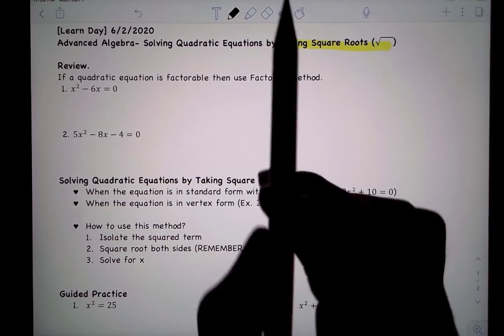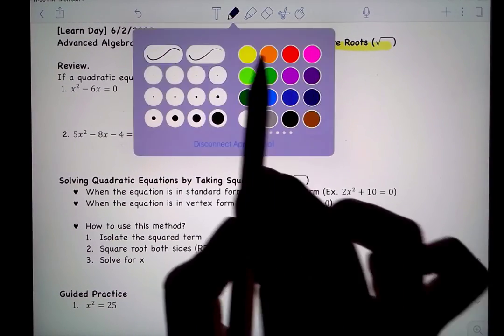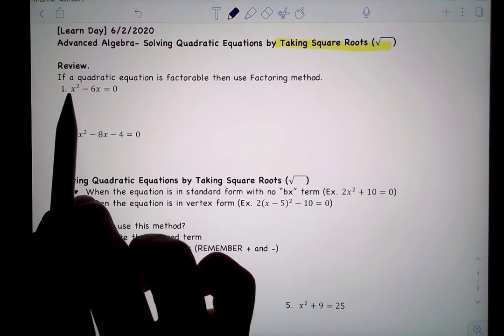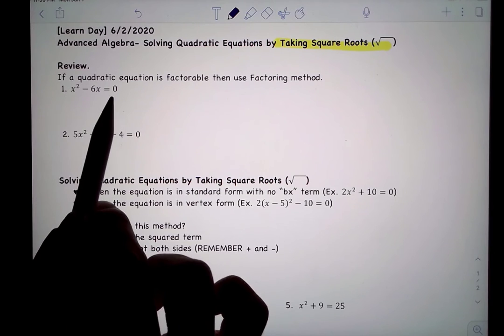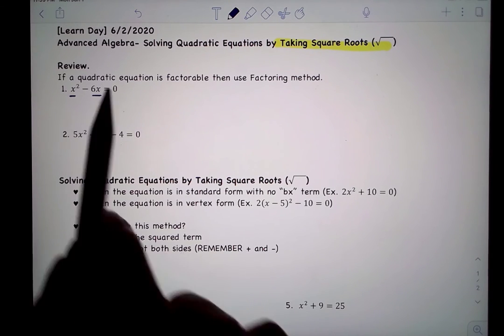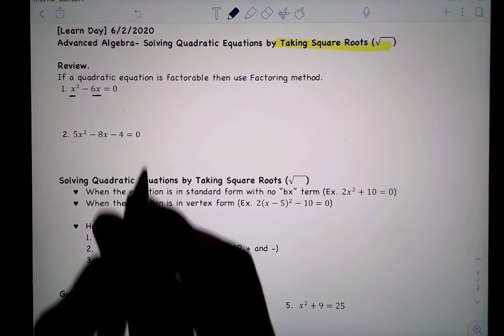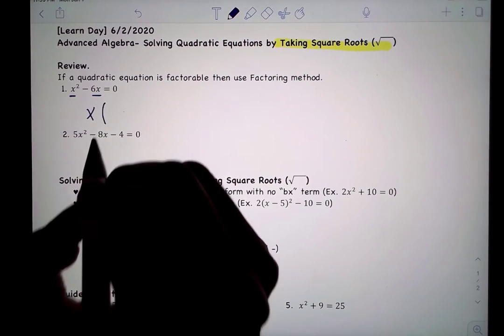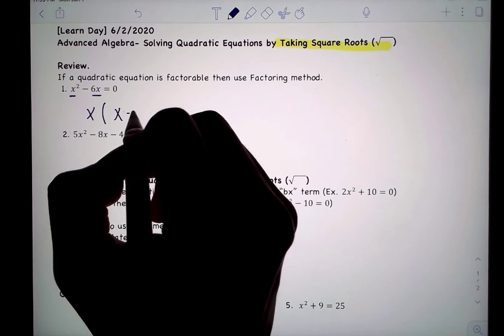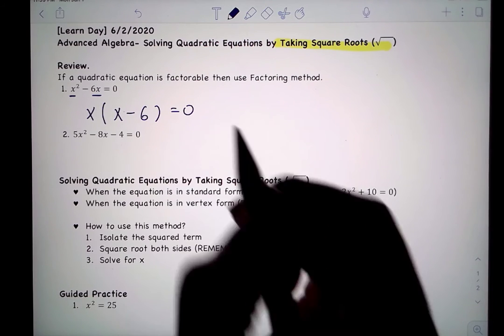All right, so let's go over this one, guys. Number 1, you have x squared minus 6x equals 0. It's not a trinomial, but you have a GCF here. So let's factor by GCF. I'm going to factor out x, and then you have x times (x minus 6) equals 0, right?